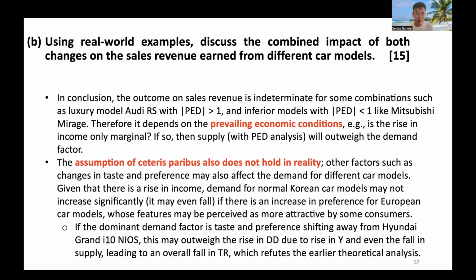So if the dominant demand factor, which was not actually mentioned in the question at all, but obviously ceteris paribus doesn't hold, it could be that the taste and preference demand factor dominates, for example, shifting away from the Hyundai Grand i10 Neos, and this may outweigh the rise in demand due to the rise in incomes and even the fall in supply, leading to an overall fall in total revenue, which then obviously would refute the earlier theoretical analysis.